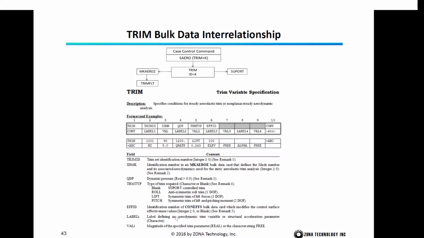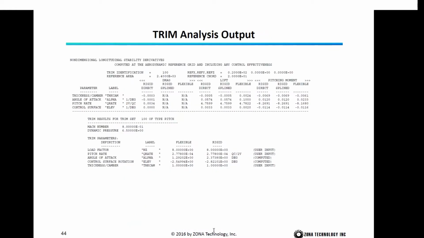And for the value, you have 2 choices. One, you specify a real value. That means for this trim variable, the value is given. Or you can put FREE, and then this trim variable is unknown, and it is solved by the trim module.